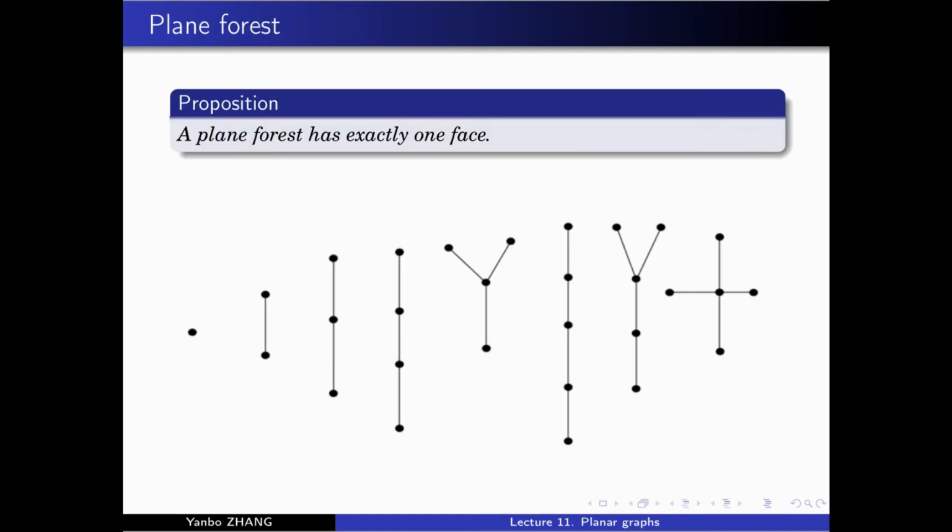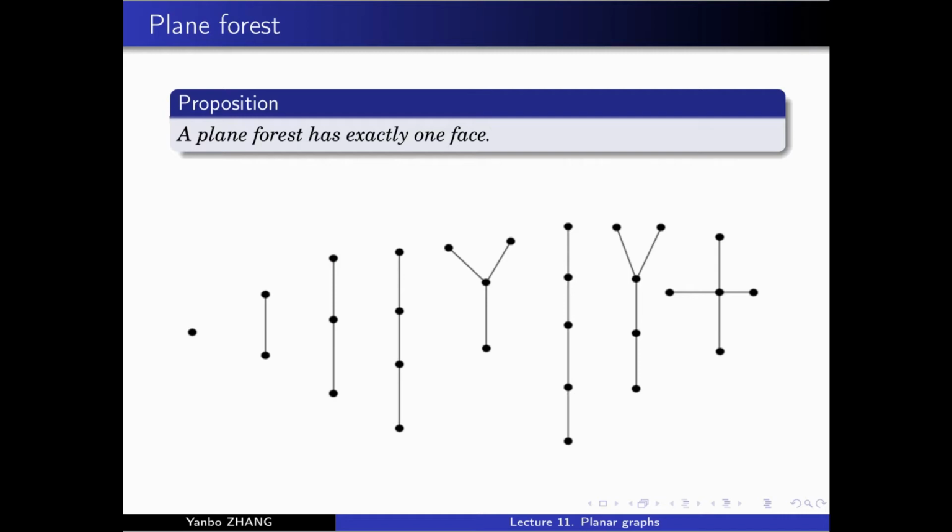Now we have a proposition about a forest. A forest is a disjoint union of trees. So a forest can always be drawn in the plane without crossings. A forest is a planar graph. The proposition says a plane forest has exactly one face.